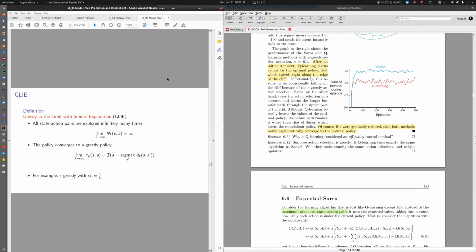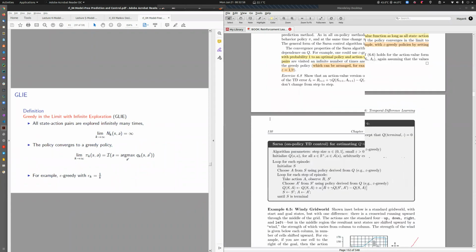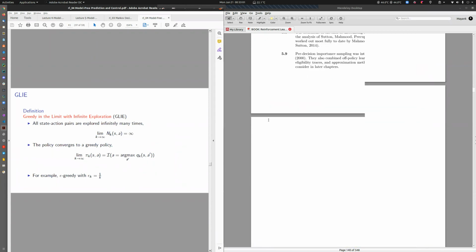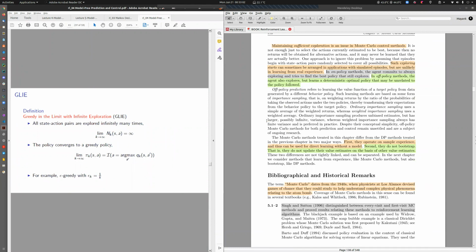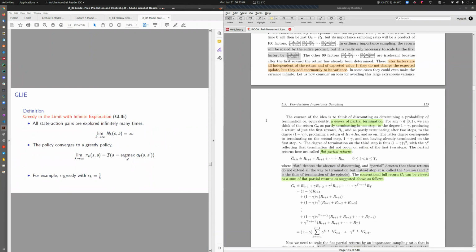We didn't discuss GLIE, greedy in the limit of infinite exploration. I think in the book, they haven't. Didn't find a topic here. That's what I was waiting for. This is important.